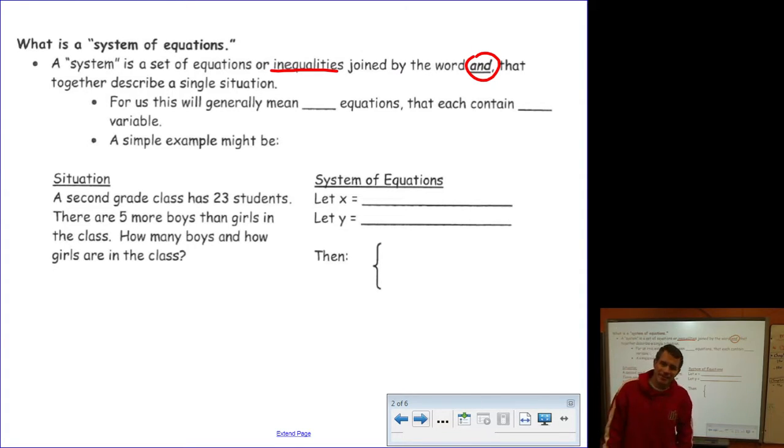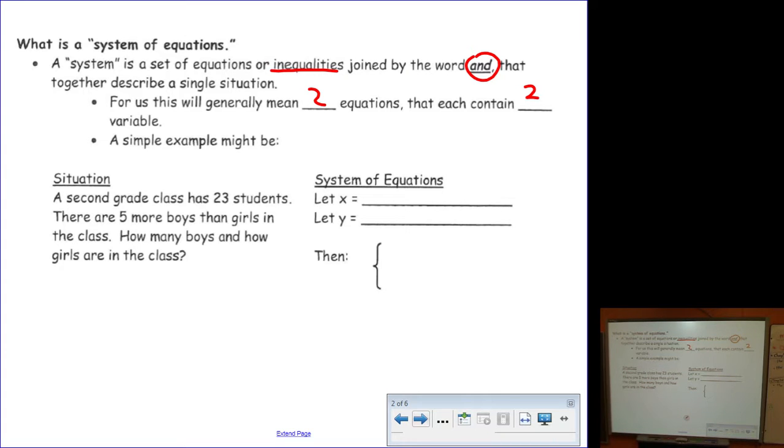So the bottom line is this, you guys. We're going to have two equations generally with two variables in them, and we need a solution for both equations. As it says here, for us this will generally mean two equations that each contain two variables, though a system of equations could be as many equations as you want with as many variables as you need to solve it.